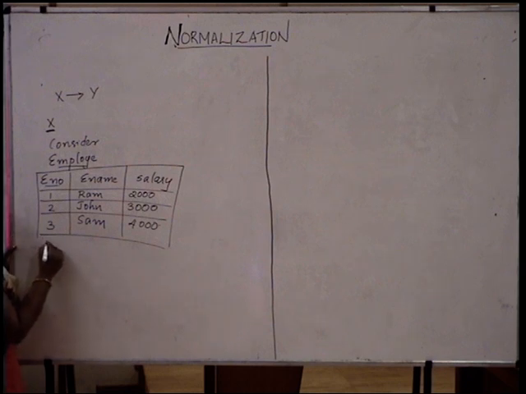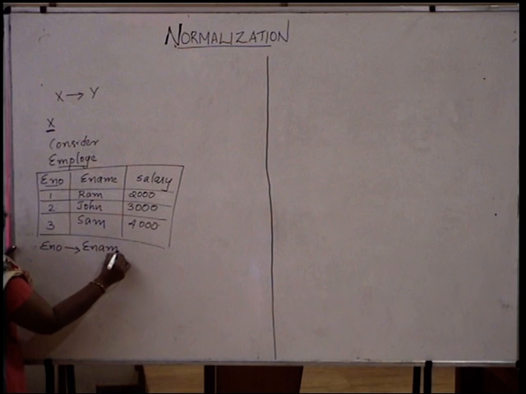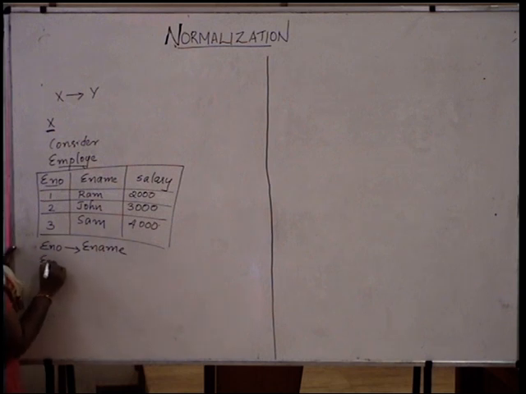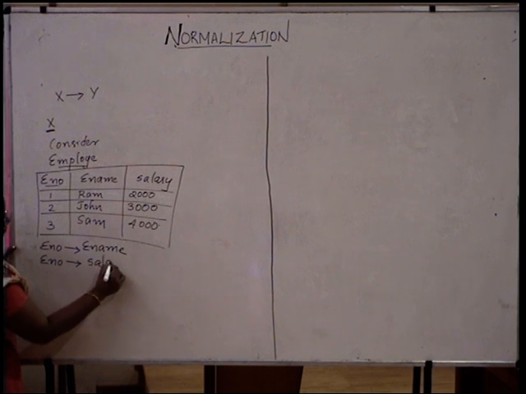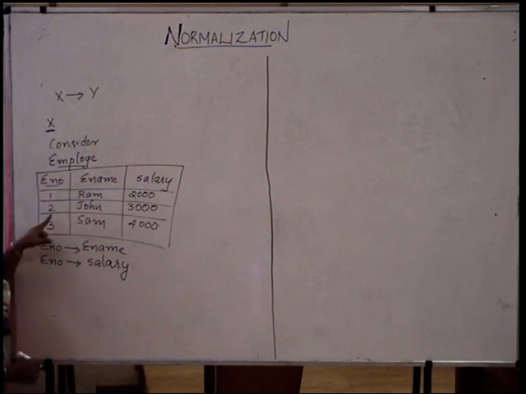So first of all, the functional dependencies given are employee number implies employee name, employee number implies salary. So if we get the value of employee number, we can obviously retrieve the values of employee name, salary.